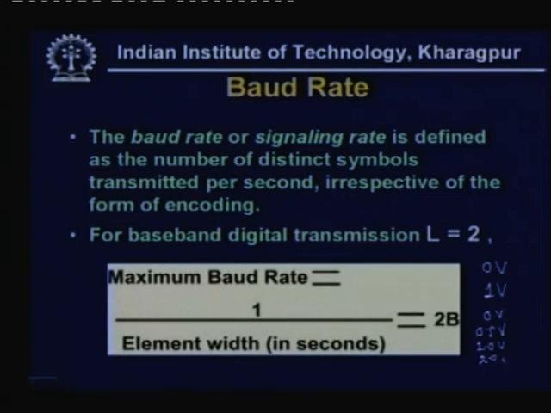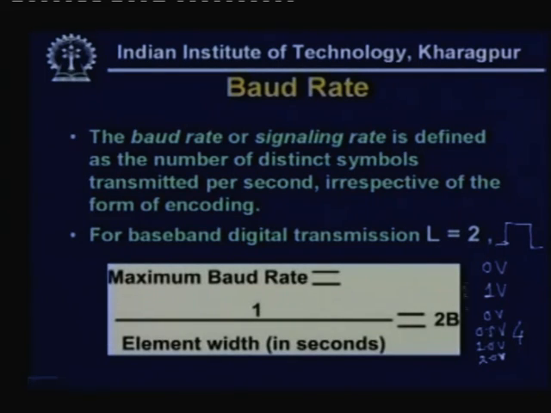Let us take these 4 values: 0, 0.5, 1 and 2. So in this case the number of levels is not 2 but 4. That means within a bit period we can send one of the 4 values: 0 volt, 0.5 volt, 1 volt or 2 volt. In that case L will be equal to 4.